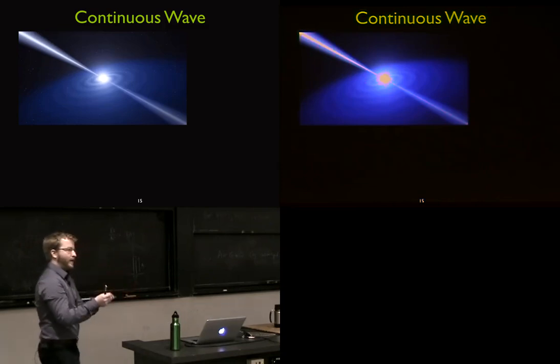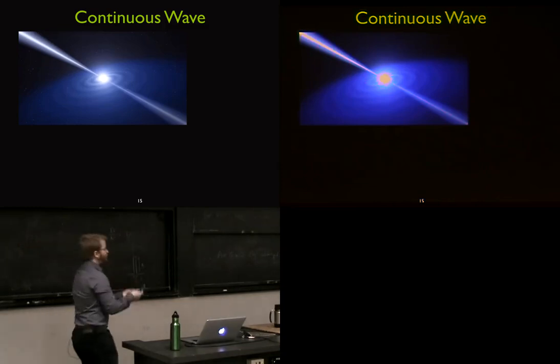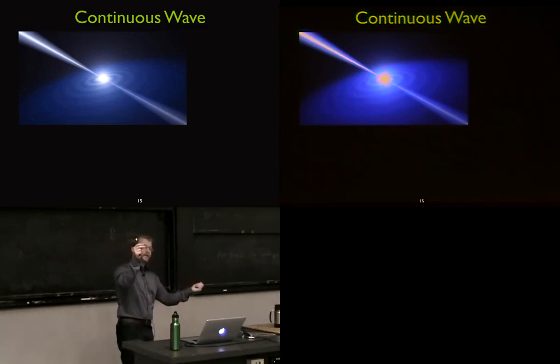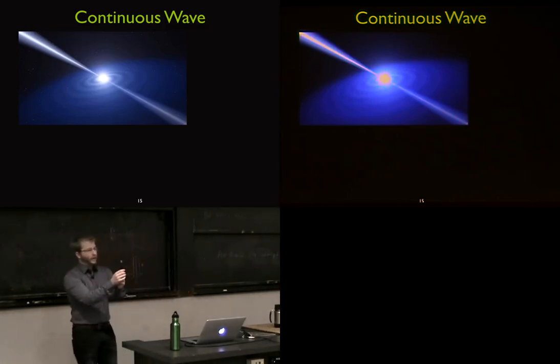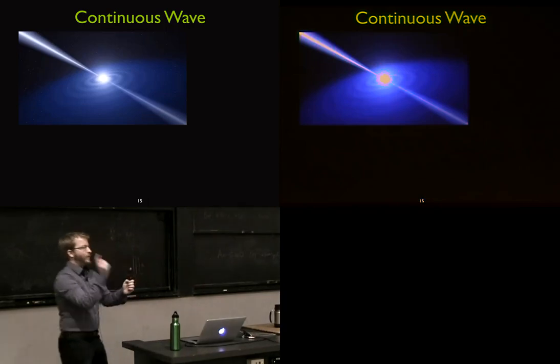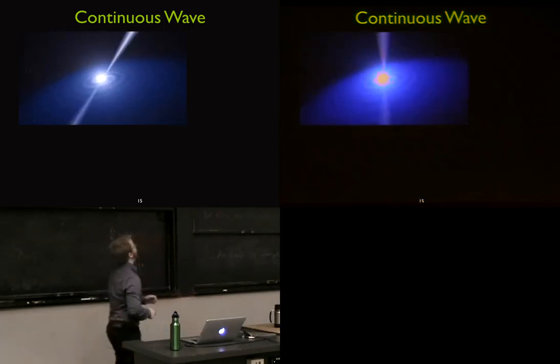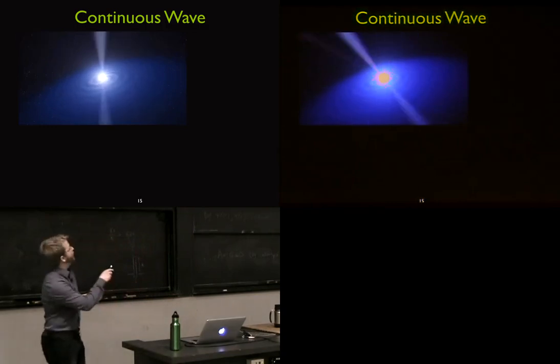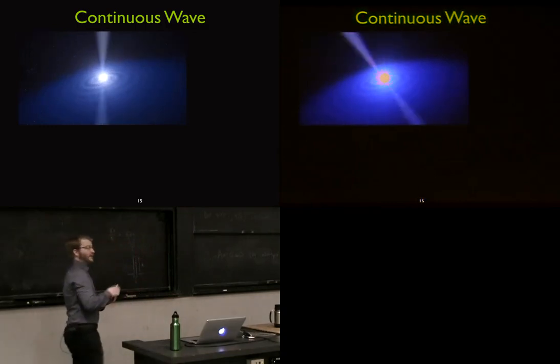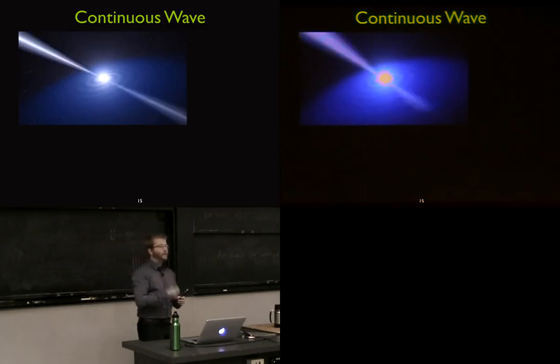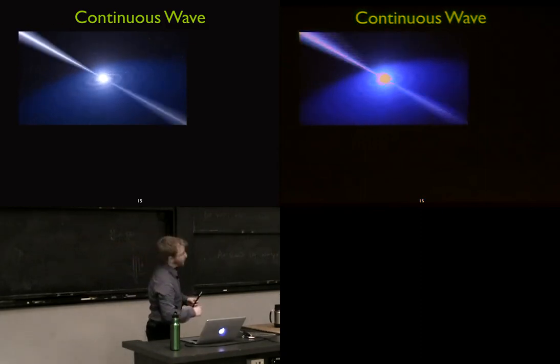When that thing is rotating, and it usually rotates fast, you have emission going along the magnetic poles, and so you get this lighthouse kind of effect as the neutron star rotates. If we happen to be lucky enough to be somewhere along the path of that beam, we see these very, very regular pulses of radio or X-ray emission.